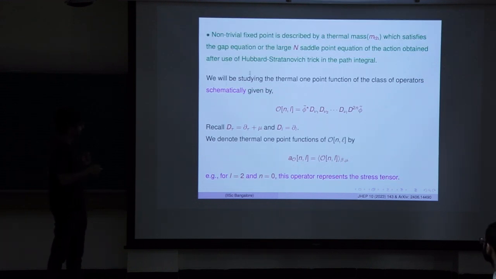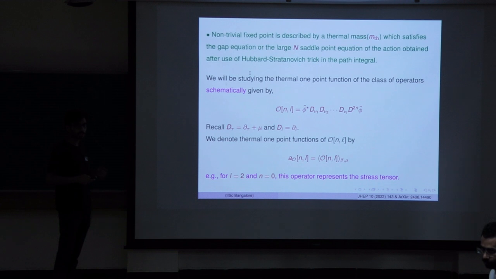We use these methods where we first do the Hubbard-Stratonovich transformation, and then you get some expression. Then you have to analytically continue or somehow put a cutoff to define it. If you do that, you will have a gap equation. The gap equation determines what the thermal mass of your theory should be.